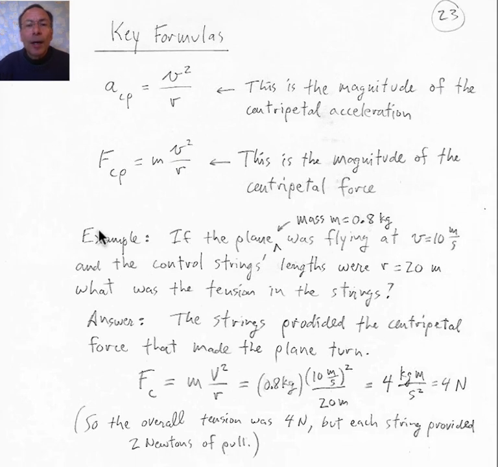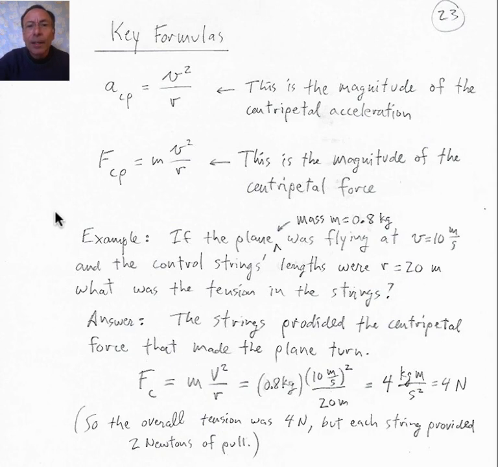So we have some key formulas here. The magnitude of the centripetal acceleration is given by v squared over r. The magnitude of the centripetal force is m times v squared over r. In other words, Newton's second law: force is mass times acceleration. Okay.